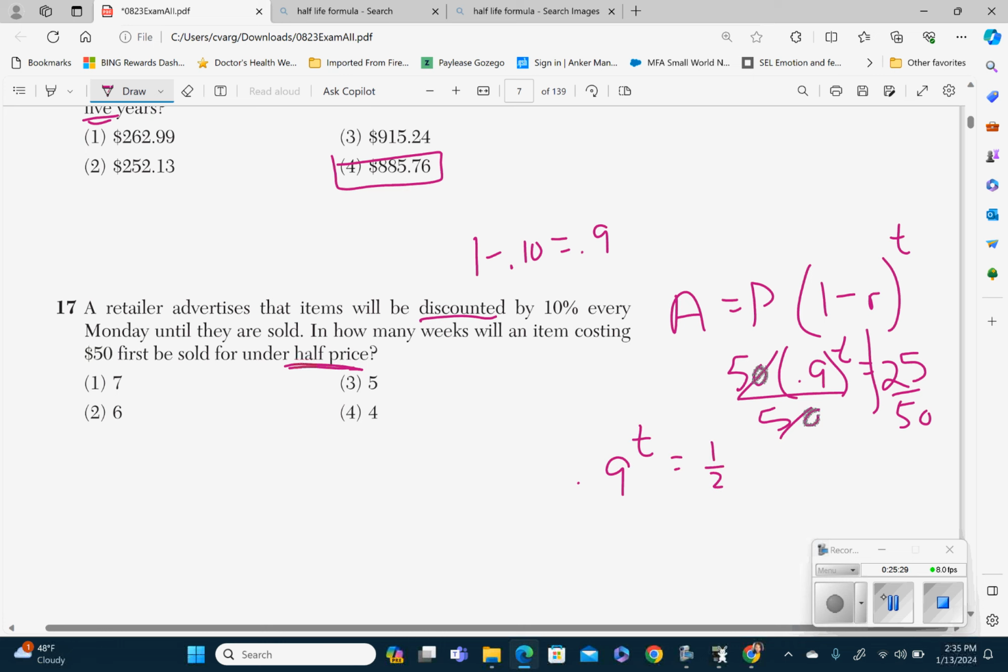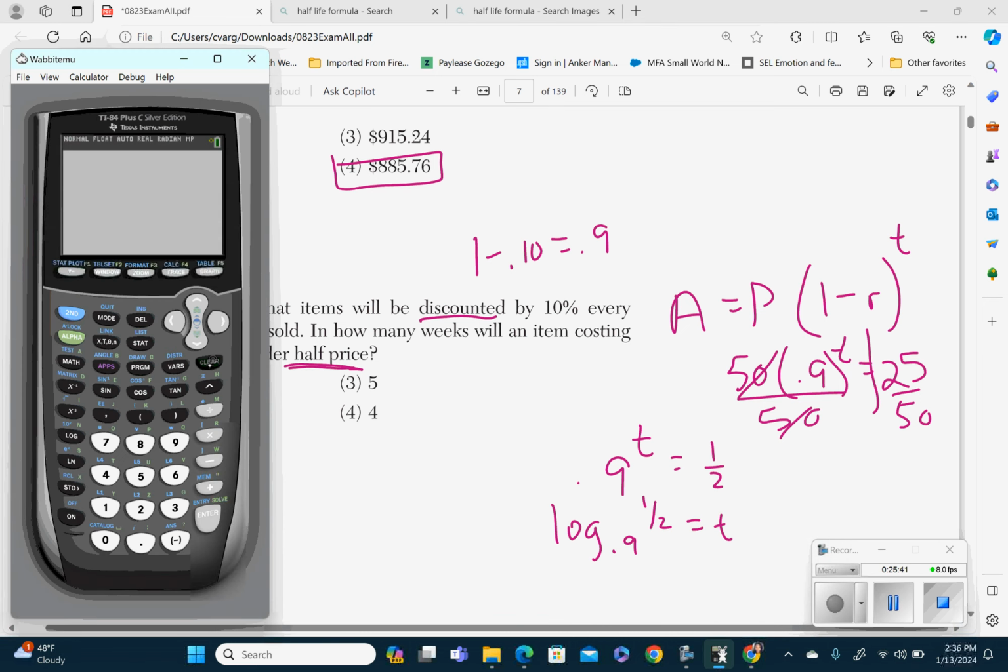I can rewrite this with a log, so log with the base of 0.9 of a half is equal to t, and so I take my calculator. Let's clear what's there.